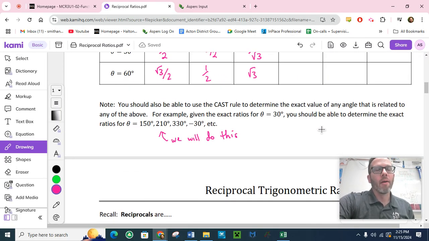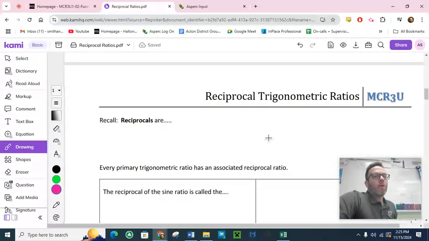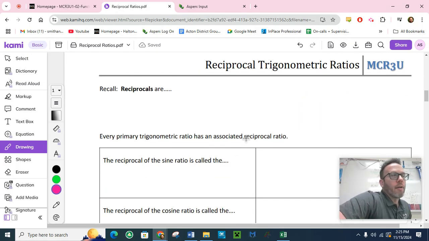This is a spot where I'm going to introduce the 3 reciprocal trigonometric ratios. Now, reciprocals is a term you guys have heard before in earlier grades. You might not have used these in a while. Does anyone know what reciprocals are? I'll tell you formally what they are, and then informally, and then give you a couple of examples of reciprocals.